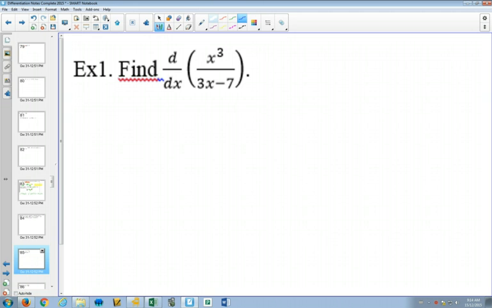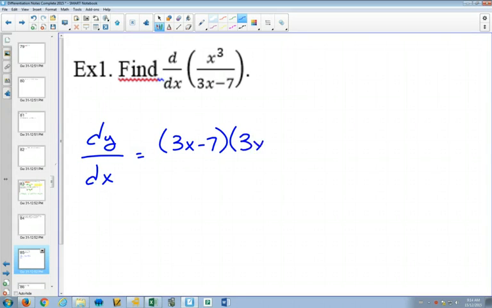So when we want to take the derivative of this and get our derivative, the bottom part would stay the same. Then we would do the derivative of the top. So the derivative of x cubed is 3x squared. Then the top function stays the same, and we do the derivative of the bottom function. And the derivative of 3x minus 7 will just be 3.